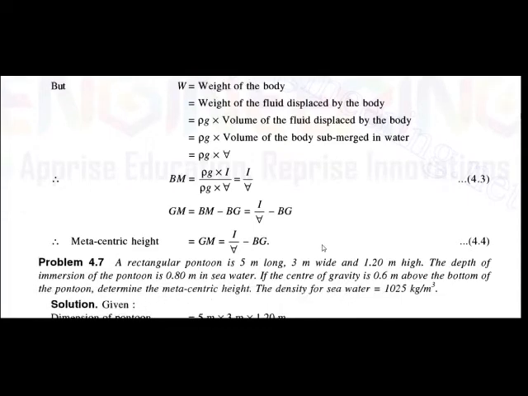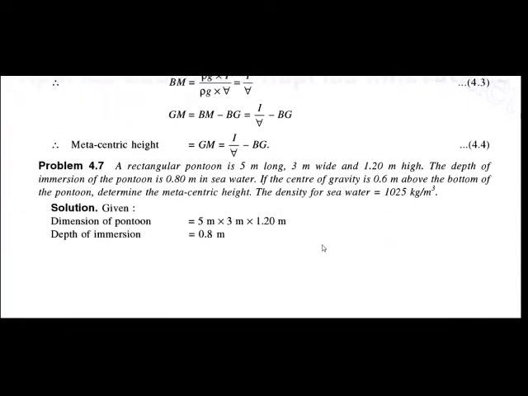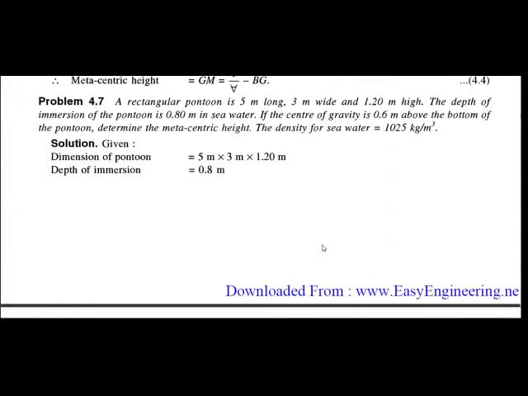Then we will now see the problems on the same. The problem is: a rectangular pontoon is 5 meter long, 3 meter wide, 1.2 meter high. The depth of immersion of the pontoon is 0.80 meter in seawater.